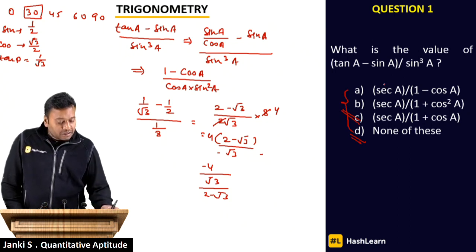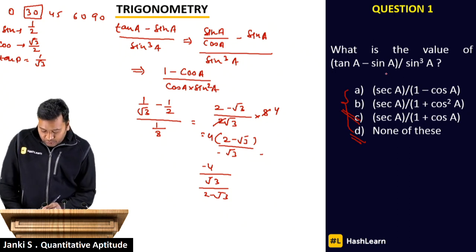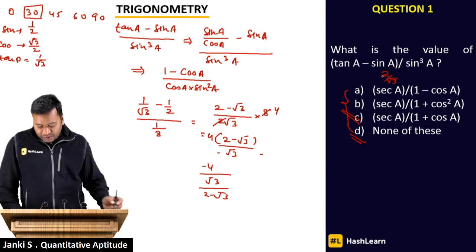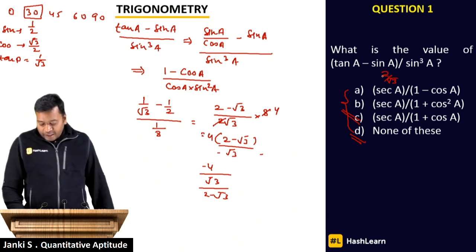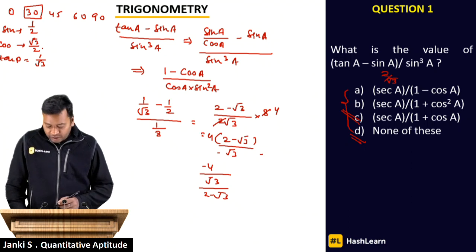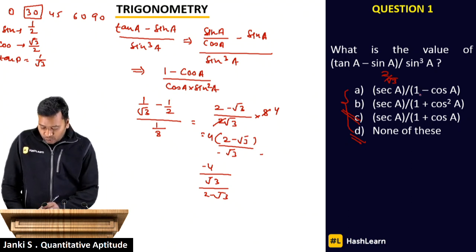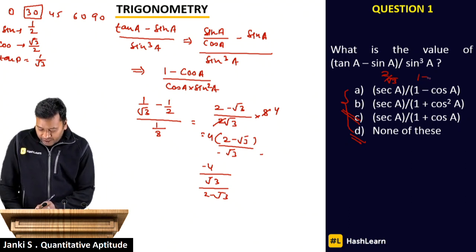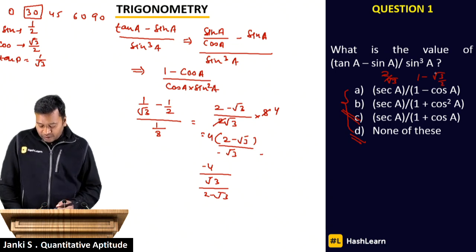Sec A is nothing but 2 by root 3 will be the value as sec A, right? And 1 minus cos A. So cos A क्या हो जाएगा? root 3 by 2, right? So 1 minus root 3 by 2 is the value.